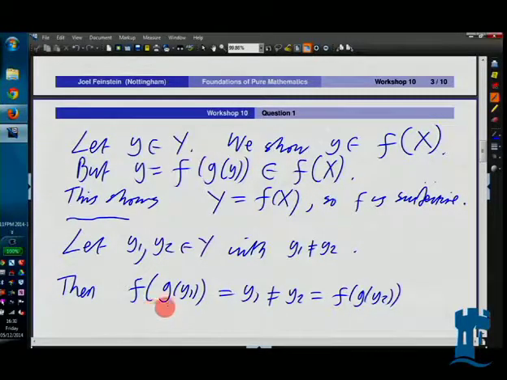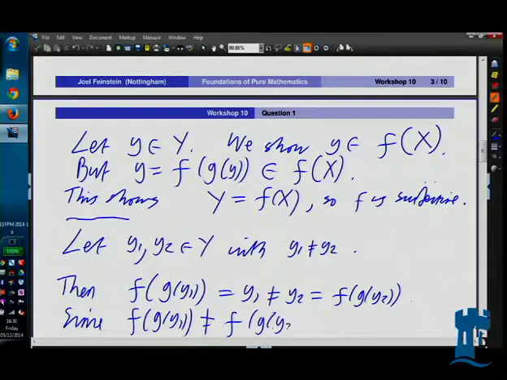Now, f of g of y1 is different from f of g of y2, so it must be that g of y1 is different from g of y2. So since f of g of y1 is not equal to f of g of y2, we must have g of y1 is not equal to g of y2.